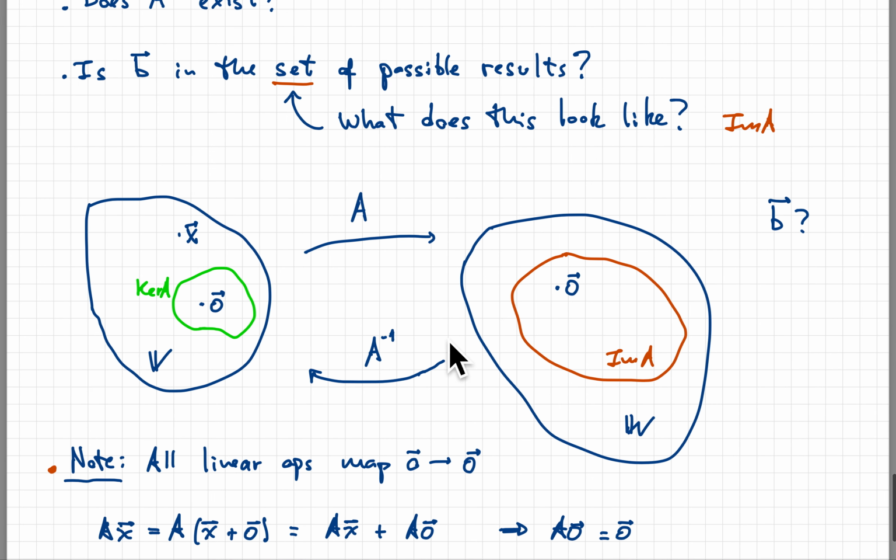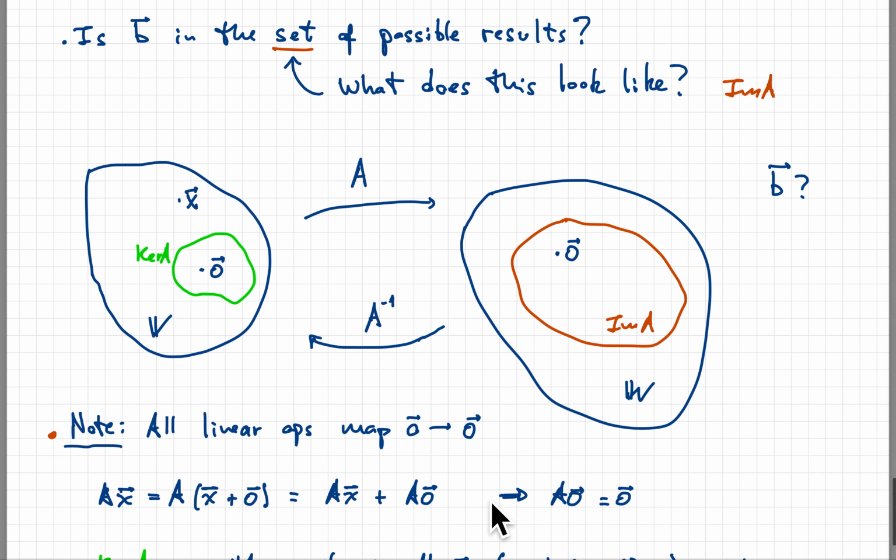And so you see right away that this kernel is telling us a little bit about this, because we already know from what we showed here that the 0 is always mapped onto the 0. Now, if there are more values in the domain that are mapped onto 0, then there are multiple values that I wouldn't know how to distinguish, because all I know is that they're mapped onto 0, and so I wouldn't know where to go back.